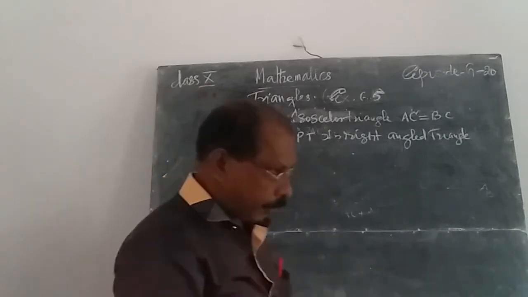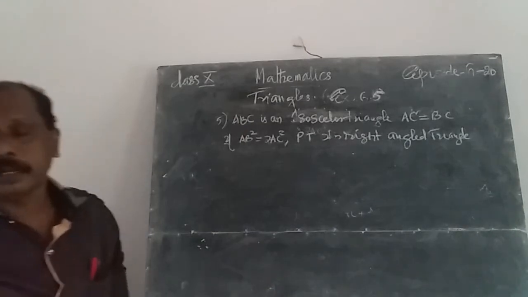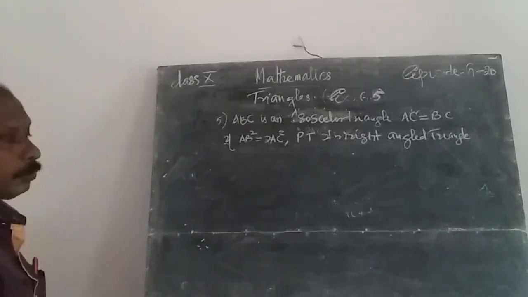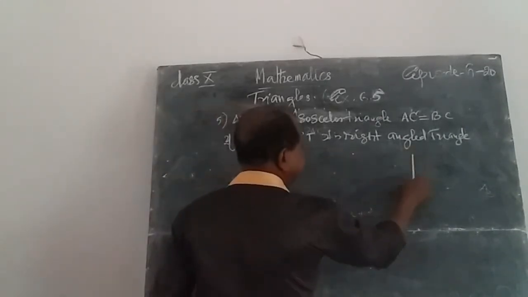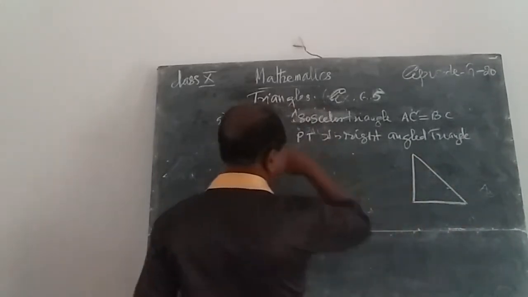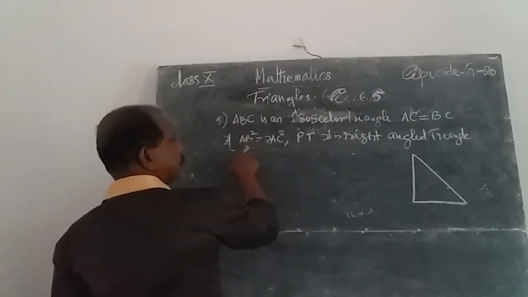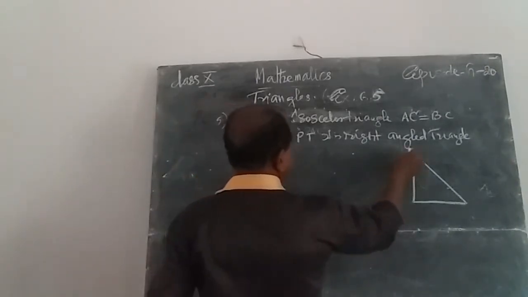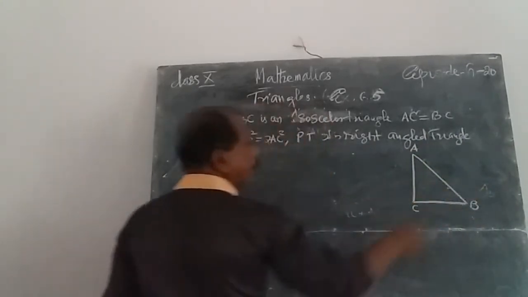Listen, this is the converse of the previous problem. It is an isosceles triangle. We know that AB square is equal to BC square plus AC square. That means ABC is an isosceles triangle, AB is the hypotenuse, and AC and BC are equal.